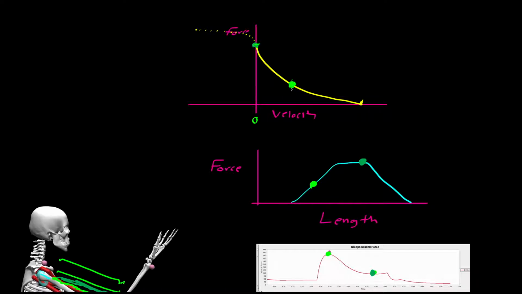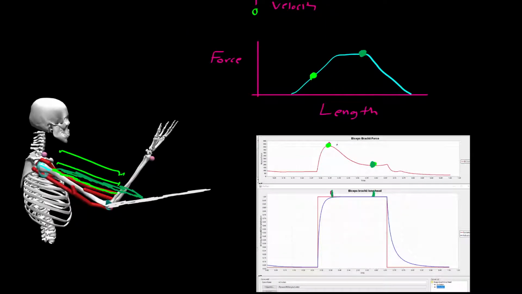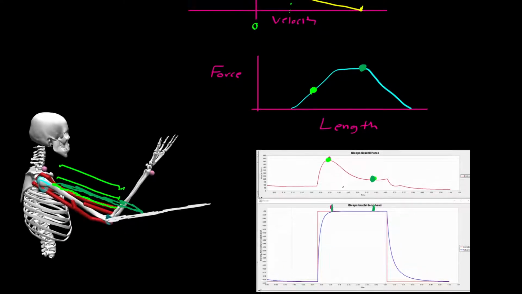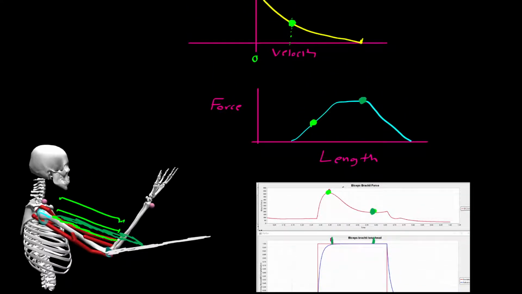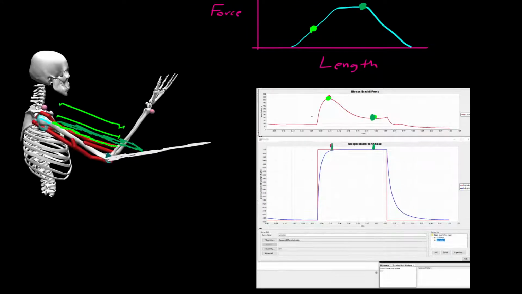So we could also consider a factor that might explain why the force production capability down here was smaller than up here, is that not only was the fiber length shorter, but the velocity of the muscle fiber was faster. It was a concentric contraction. So that also decreased the force production capabilities of the muscle.